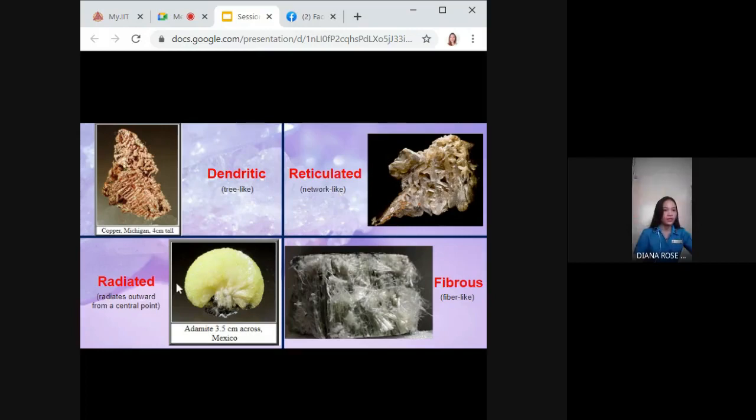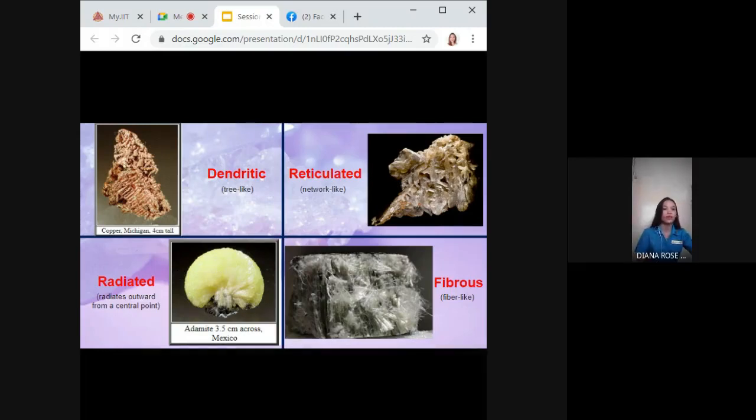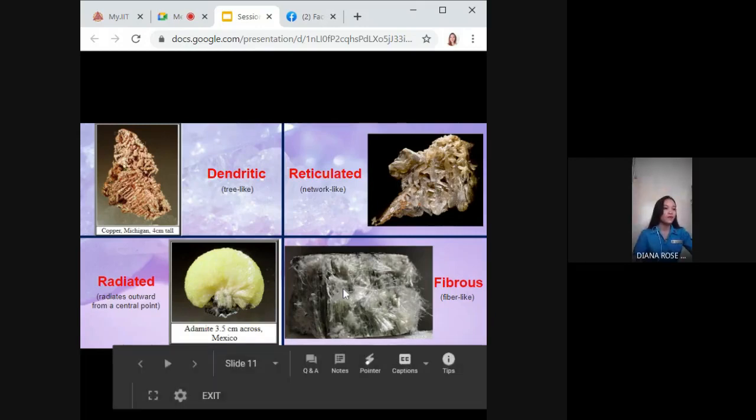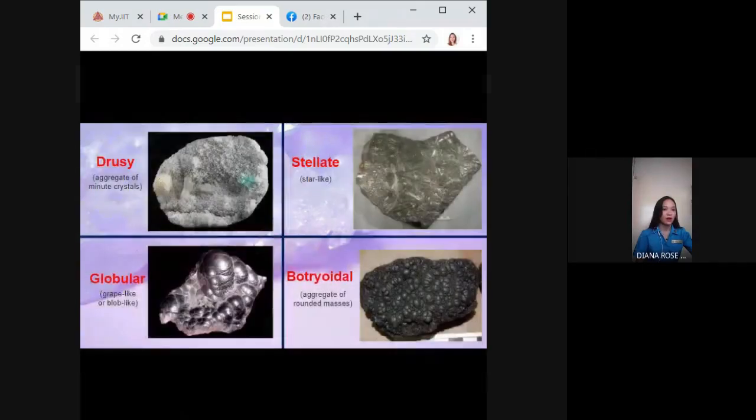And then radiated, which is a radiating group of crystals that radiates outward from a central point. And then fibrous, an elongated cluster of fibers, or fiber-like. And then we also have drusy, which are aggregates of minute crystals, small crystals that cover a surface like this one. We also have stellate, which is radiating individuals that form a star-like shape.